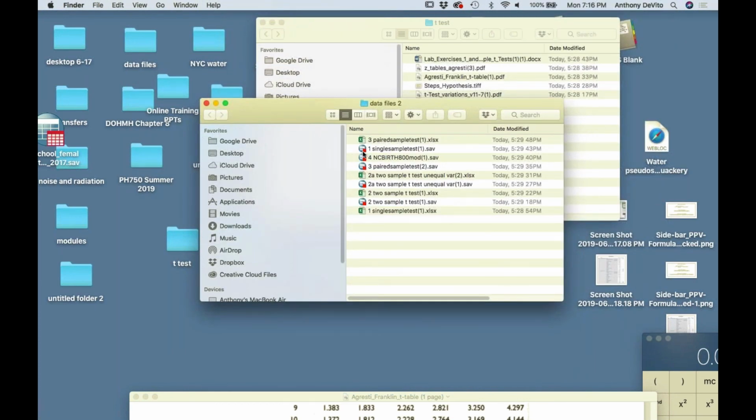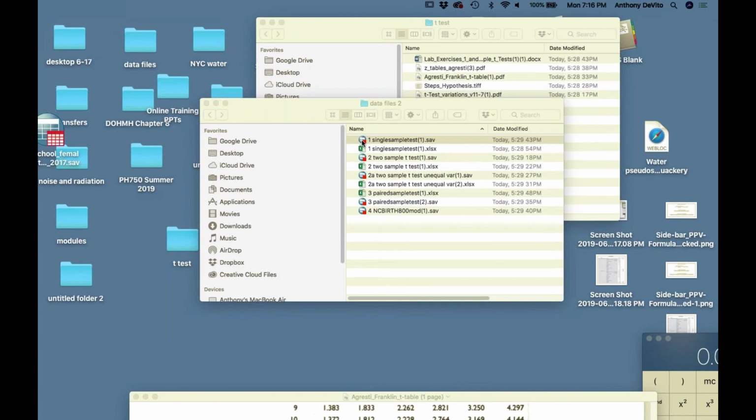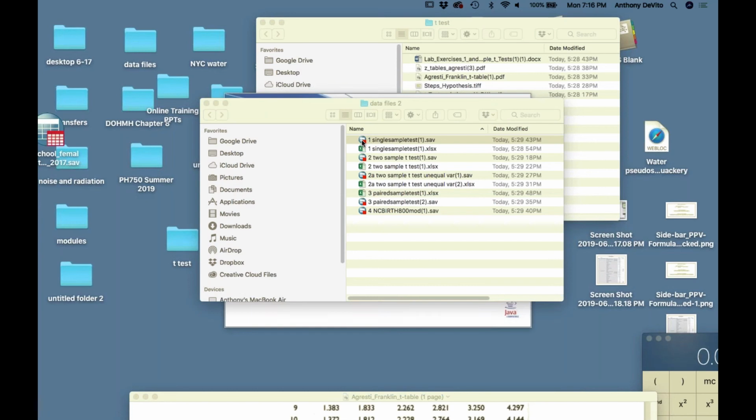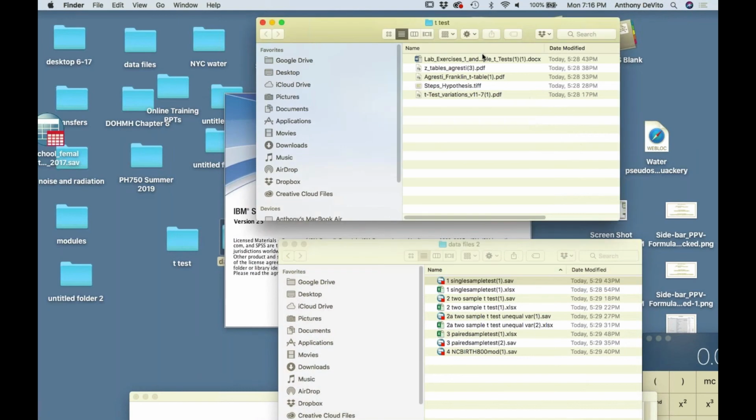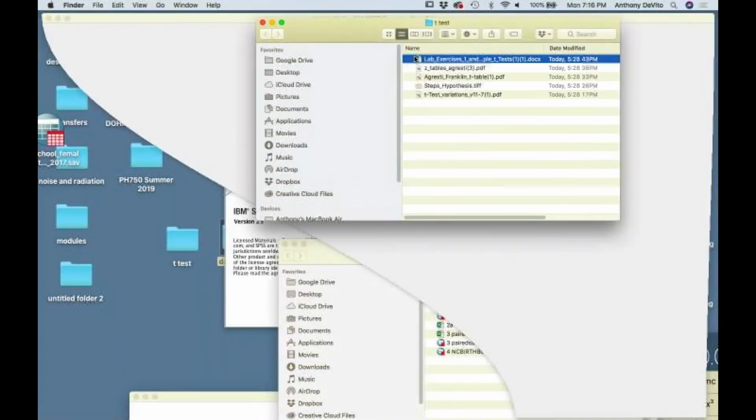There's a data set in here. I'm going to open this one. Let me see. Here's an SPSS data set. See how successful I am at opening this. And I think it goes with our lab exercise here.